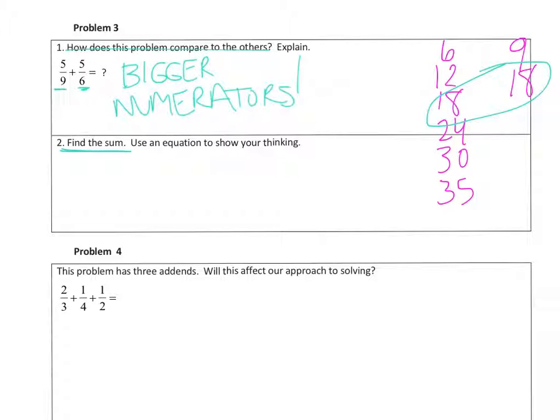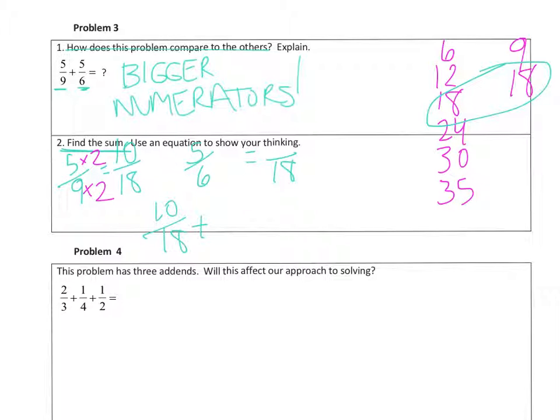5 ninths equals how many 18ths? We're going to multiply by 2 to find out. Looks like we've got 10 18ths. Plus, let's convert our sixths. 5 sixths equals how many 18ths?